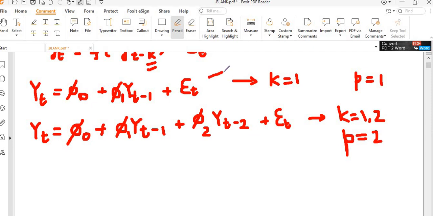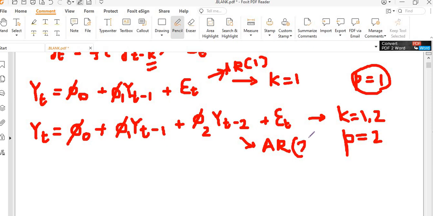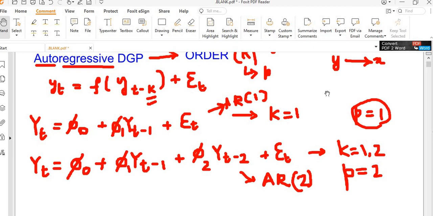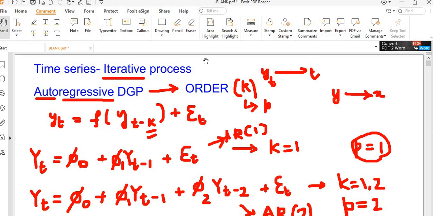So the difference is, this is called AR1. This is called AR1 because the maximum value p is equal to 1. This is called AR2 because p's value is 2, that is the maximum value of k. So actually it's not k, it's p that gives you the order of the autoregression.